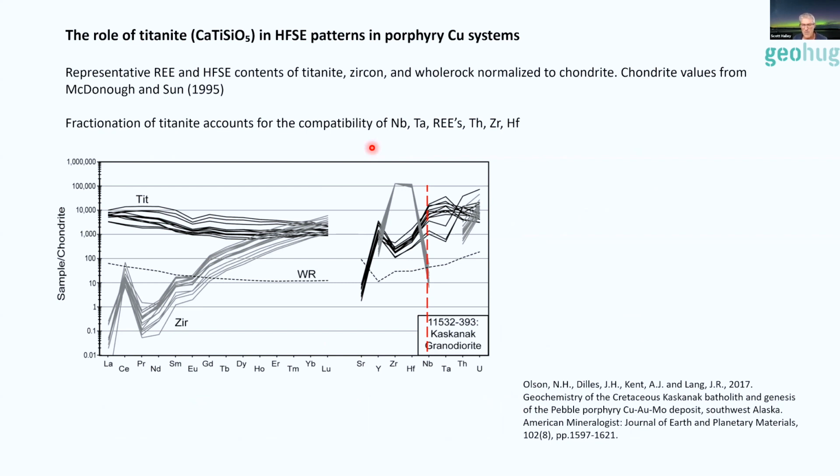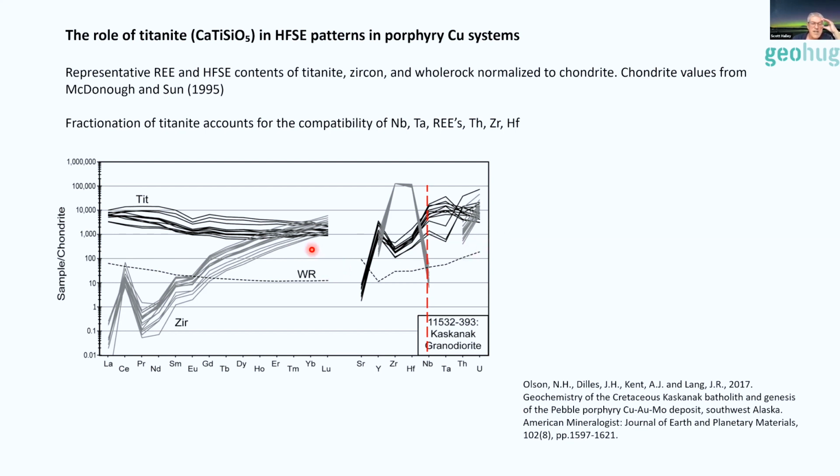Here's some data from Nansen Olsen and John Dilles from the Pebble porphyry copper deposit in Alaska. And that explains what we saw in the previous slide. Nansen Olsen has done microprobe analyses of stacks and stacks of titanite grains and of zircon crystals and compared those to whole rock concentrations of rare earth elements and high field strength elements.